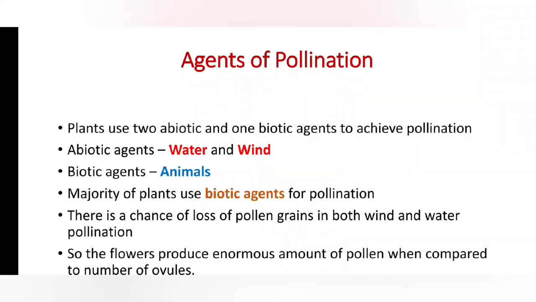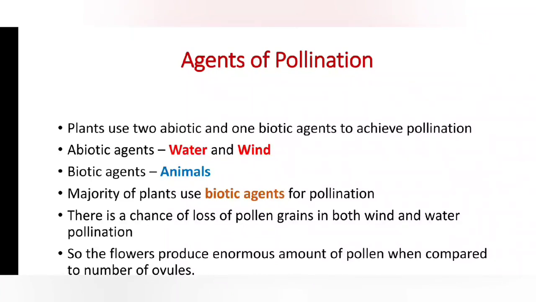There is a chance of loss of pollen grains in both wind and water pollination. In pollination by abiotic agents, there is a loss of pollen grains in the course of their movement. So the flowers produce an enormous amount of pollen when compared to the number of ovules.